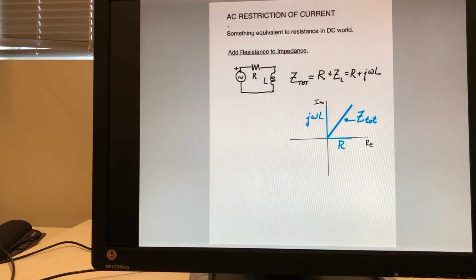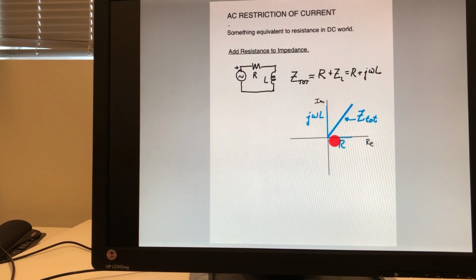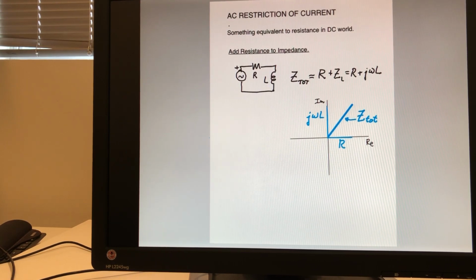We have the resistance along the x-axis, and the inductive impedance along the y-axis. The total impedance is the resultant of those two, and this would be Z total right here. So in Cartesian or rectangular coordinates, it would be R plus j omega L.